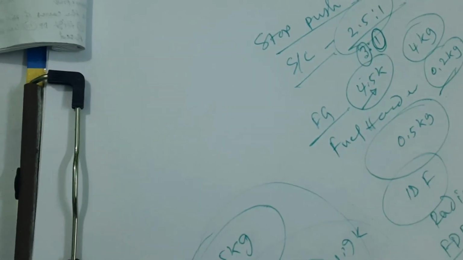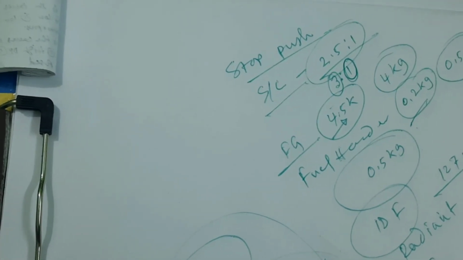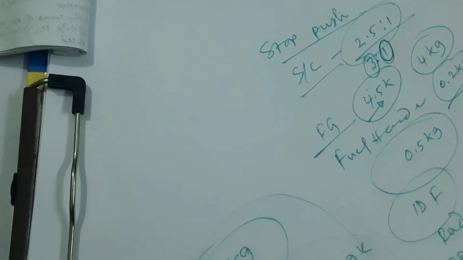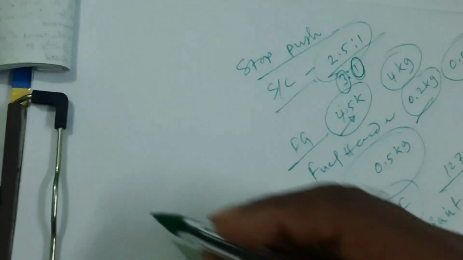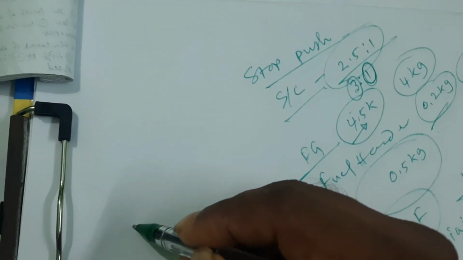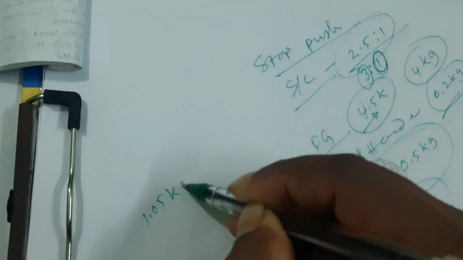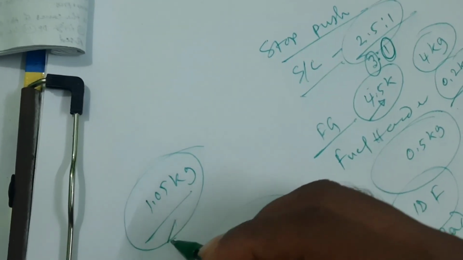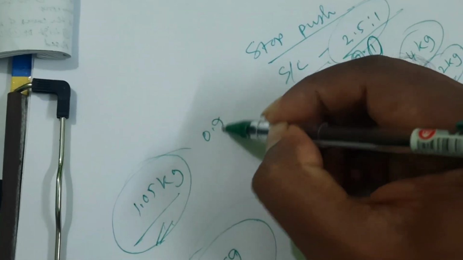Another one is auxiliary boiler pilot burners are also available. Why is it possible to trip the auxiliary boiler pilot burner? Auxiliary boiler pilot burner pressure high alarm will appear at 1.05 kg. If 1.05 kg appears on the auxiliary boiler pilot burner pressure, it will trip. Normally the alarm will come at 0.9 kg.